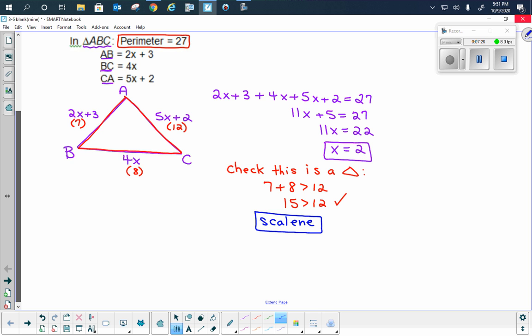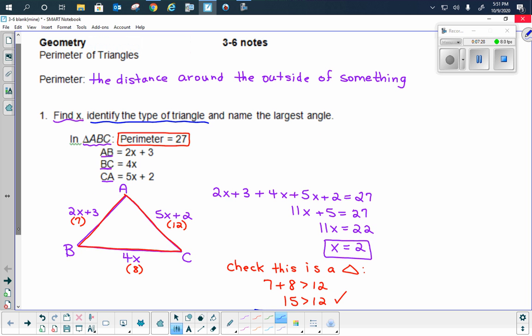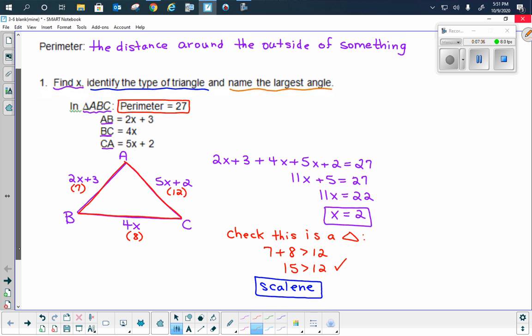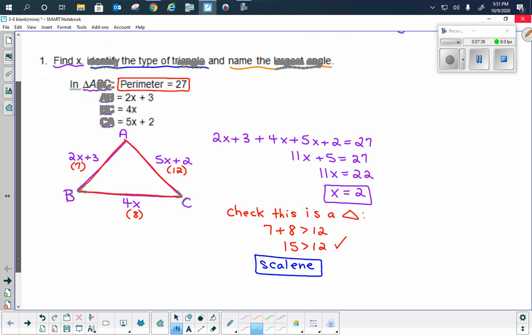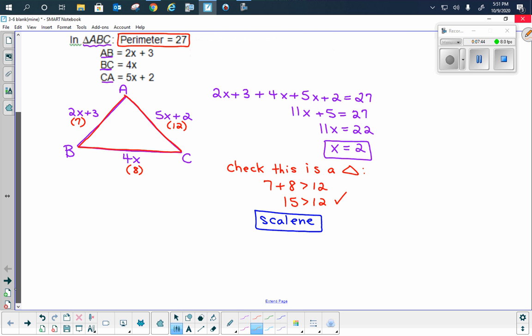And the last question that it asked us was to name the largest angle. So coming down here, you should be saying, well, I know the largest angle is across from the largest side. And our largest side of 12 is here.